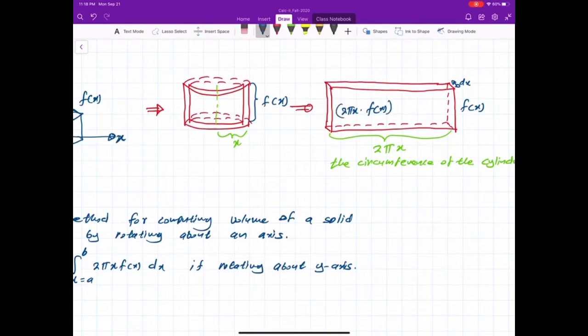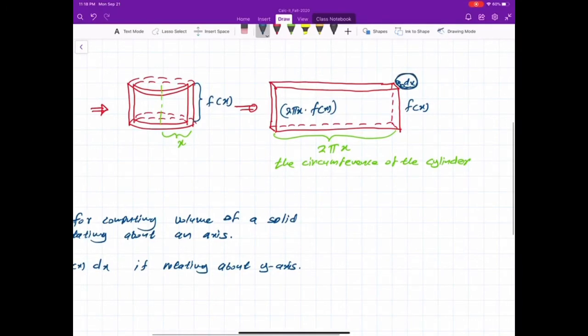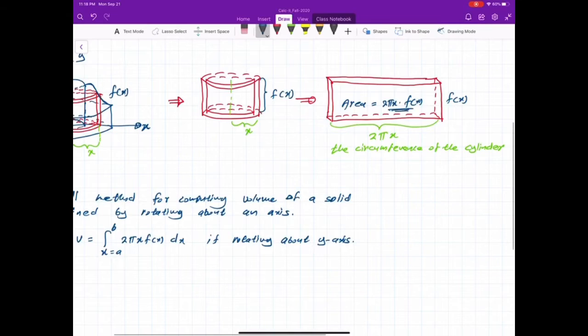This can be considered as the surface area, which should be multiplied by that small width. You see, that quantity is right here. Now you can understand how this comes. Actually, that is taken from this area.